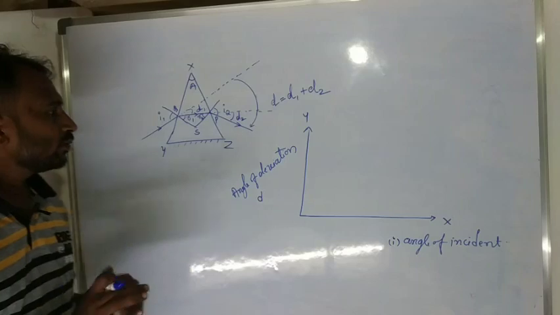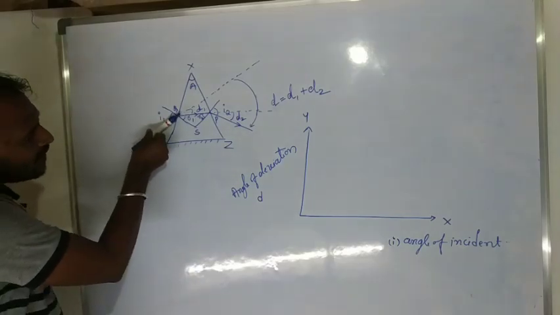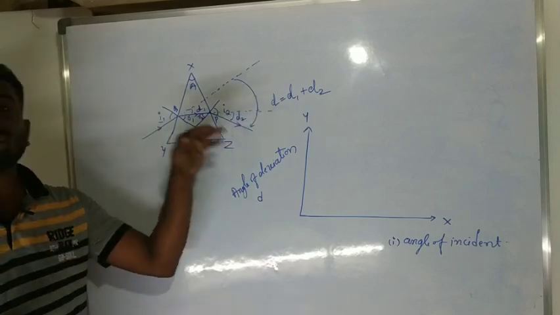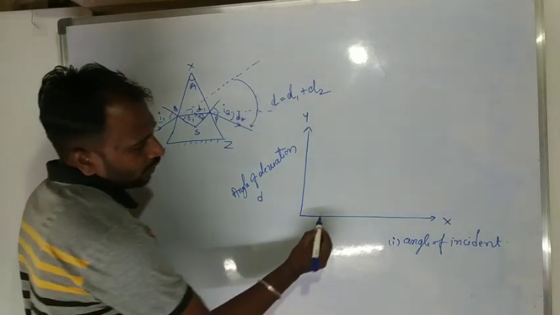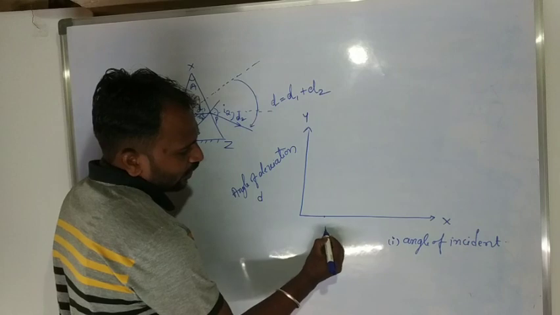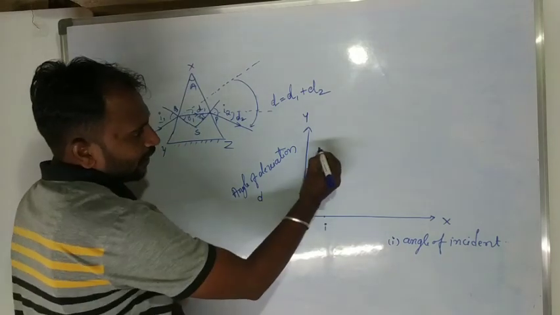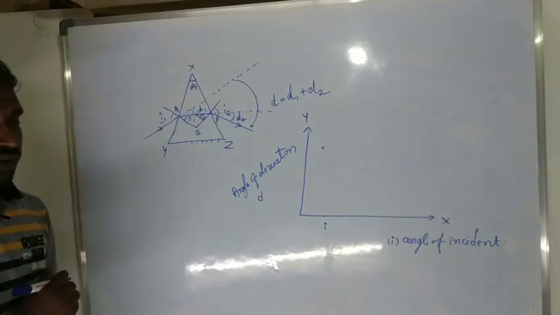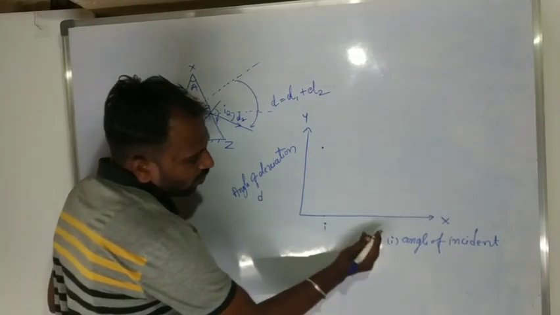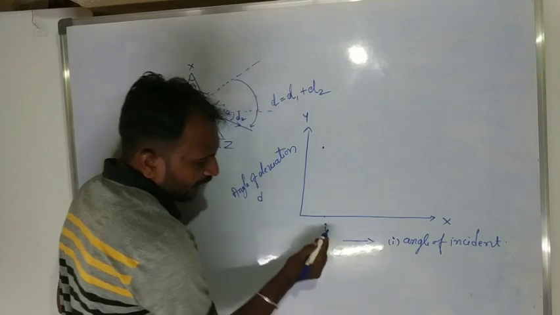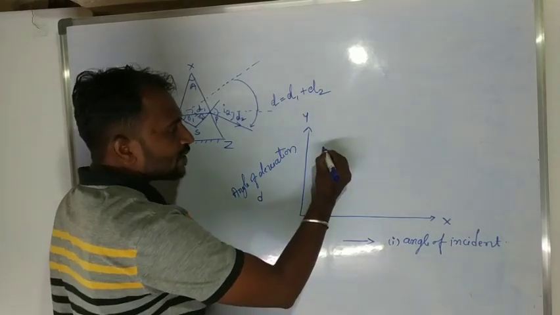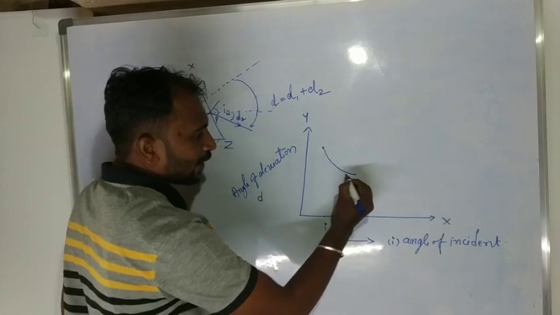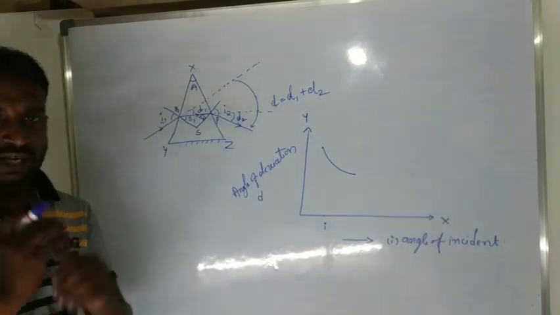The first concept: when the angle of incidence increases, the angle of deviation decreases. Here, this one is the initial angle of incidence, and this one is the angle of deviation. When the angle of incidence increases, the angle of deviation decreases up to a certain value, that is, a minimum value.